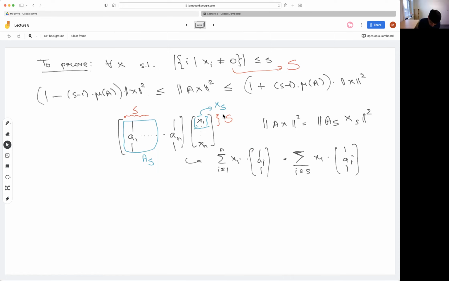Then, taking the length of X sub S to be 1, we just want to ask how big or small the length of A sub S times X sub S is.